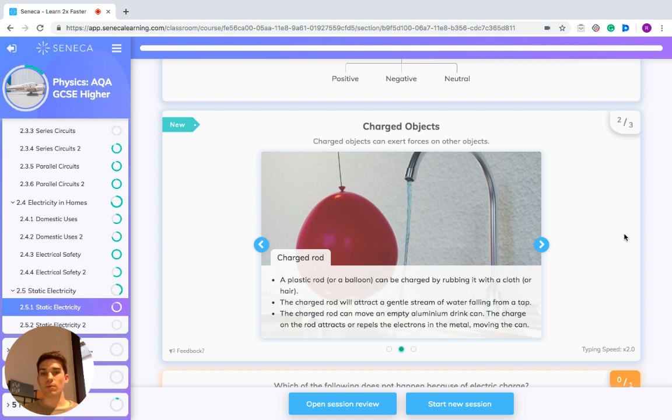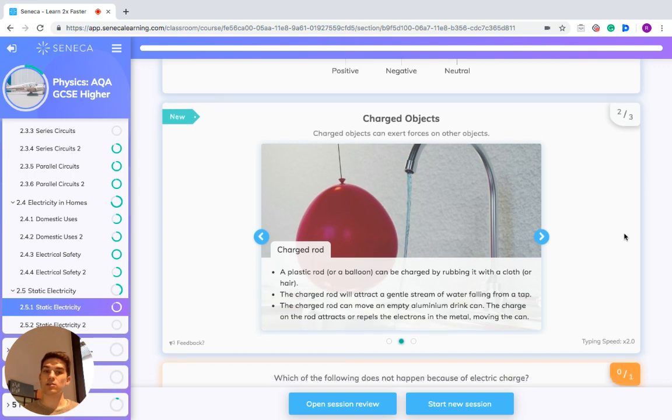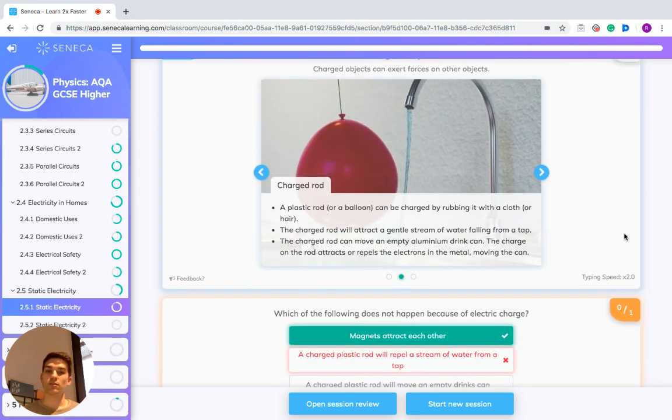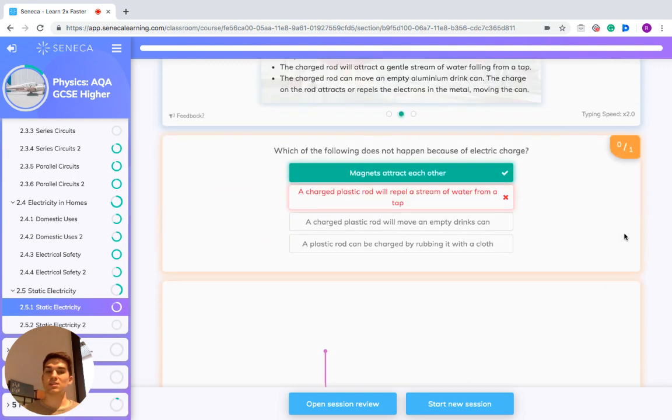Another example is if you rub a balloon on your head, you'll notice the hairs will stick to the balloon, and that's just because of the same reason. You've got a transfer of electrons that makes them different charges, which makes them stick together. So something that would not happen because of electrical charges is magnets sticking together.